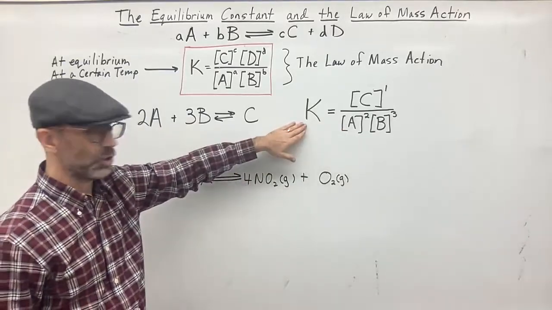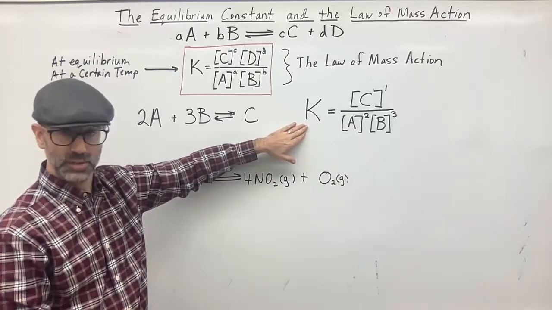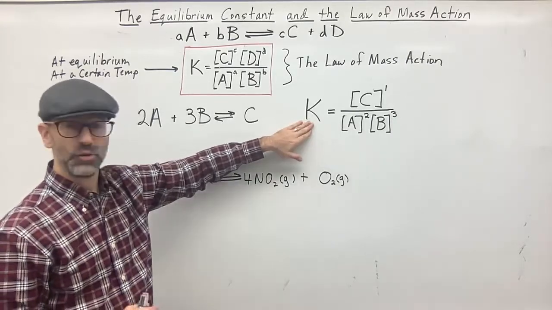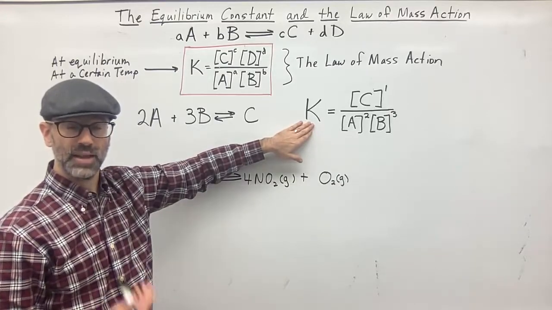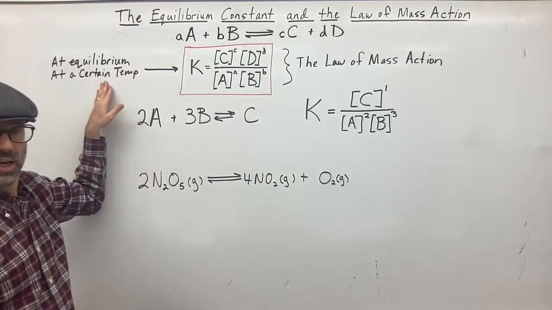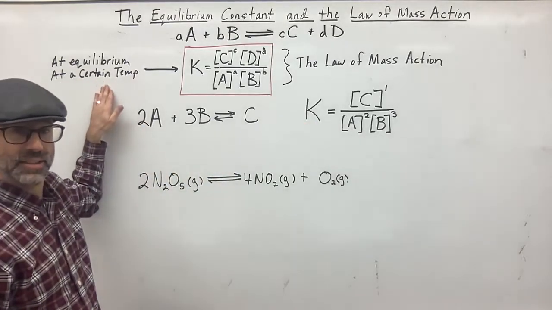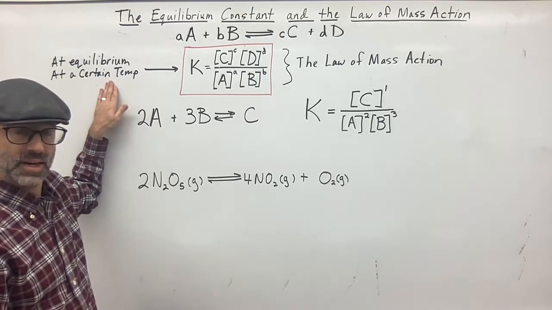And so at equilibrium, at a certain temperature, right? So the temperature has to be a certain amount. We're going to get a certain number, a certain constant, and that's going to be the equilibrium constant. And that constant doesn't change unless, of course, the temperature changes. So this is a constant at equilibrium. It's only the constant at equilibrium.